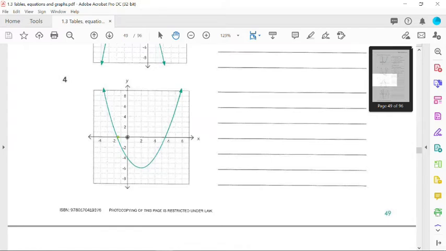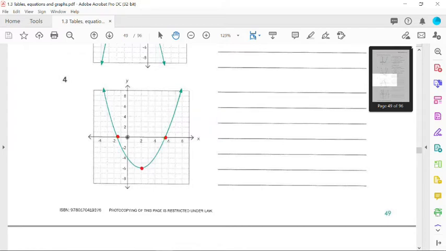But if you look at where it crosses the x-axis, you see that it's in spots where it's not easy to read. We could do an estimate, but we don't want an estimate. We want the actual values for this equation. So instead, we'll see if we can find the values of the vertex. If you look at the vertex, the turning point, that's a nice, easy point to read.